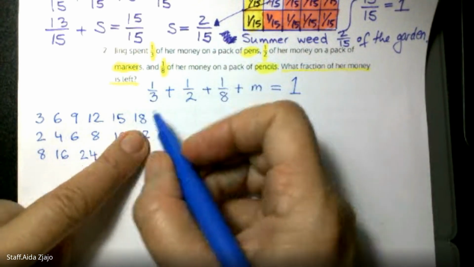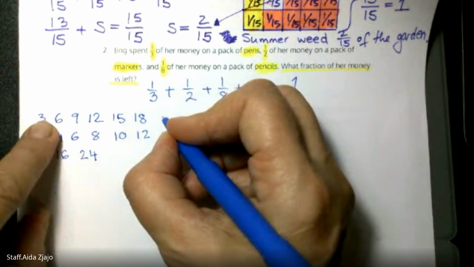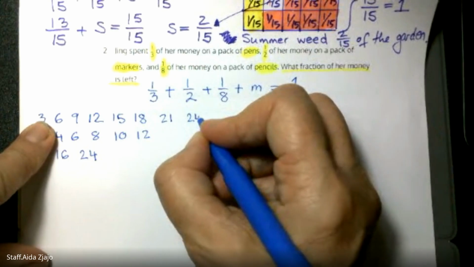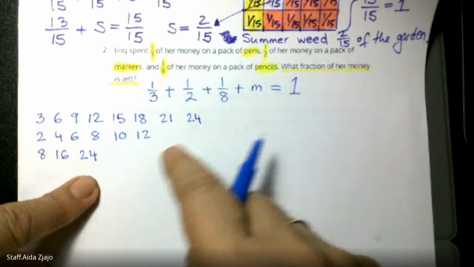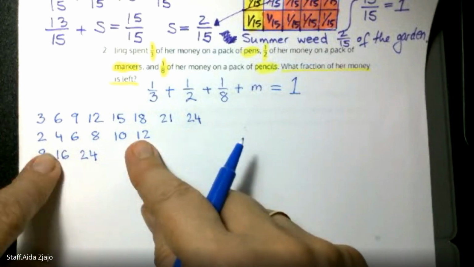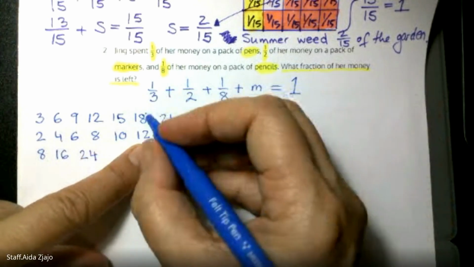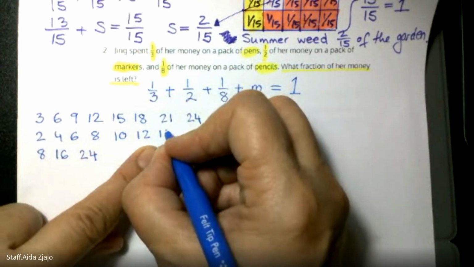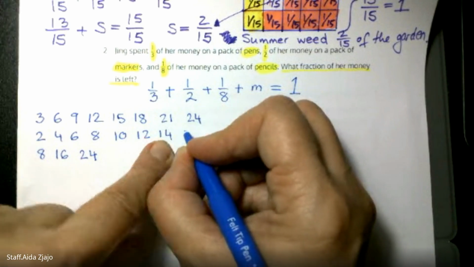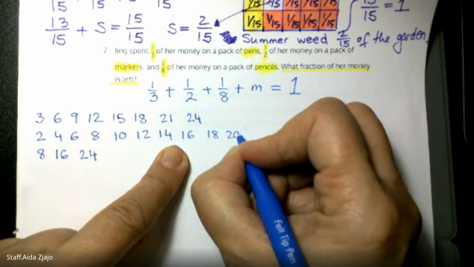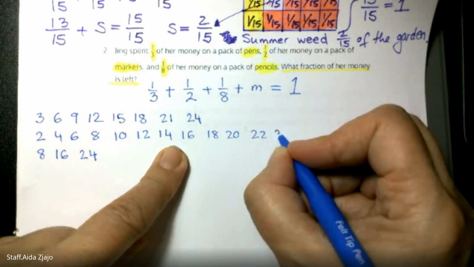So 18 plus 3 is 21, and then plus 3 is 24. So far I have 2 that are 24, and then 2, 4, 6, 8, 10, 12, 14, 16, 18, 20, 22, 24.